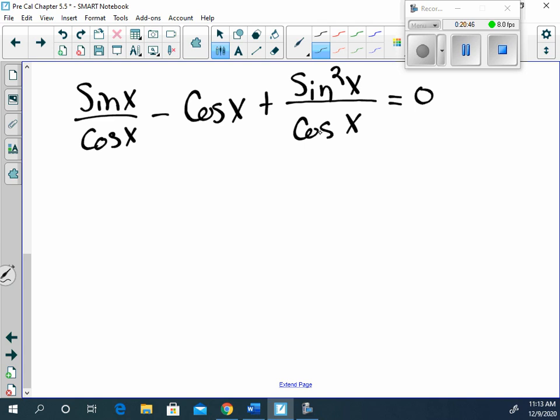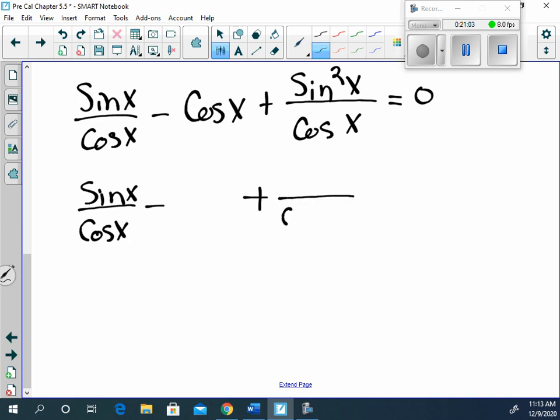We're going to put them all together, or we can factor out 1 over cosine. Either way. But let's put these all over the same denominator, cosine of x.